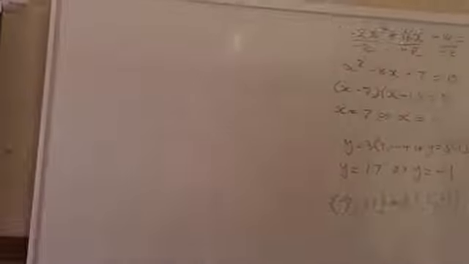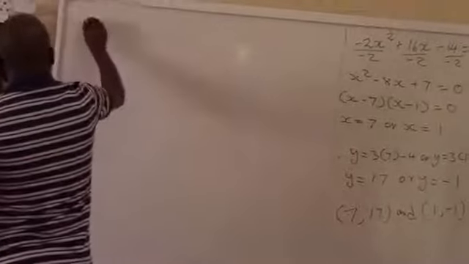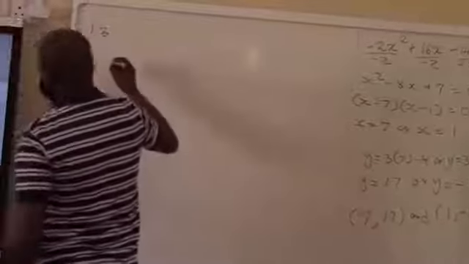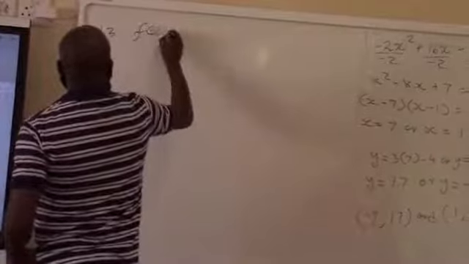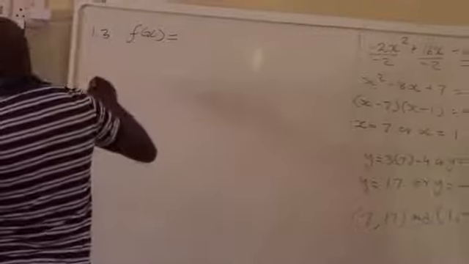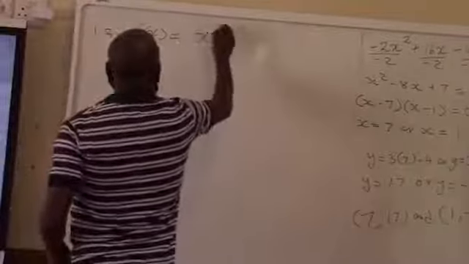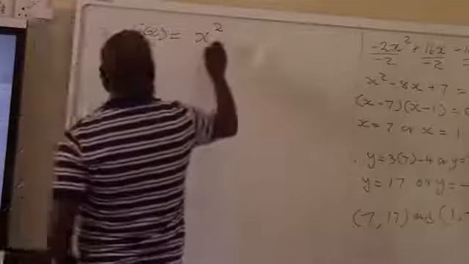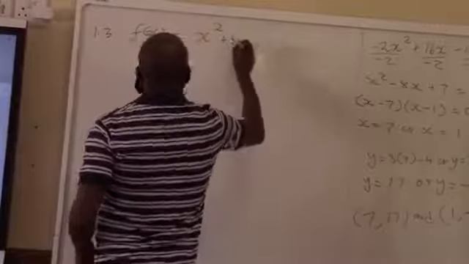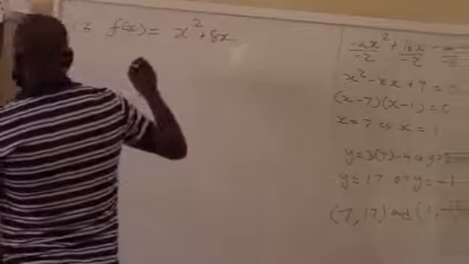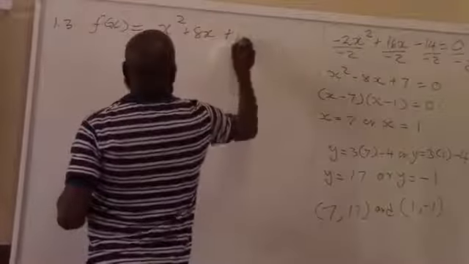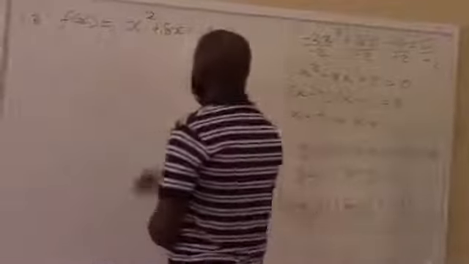They were like 1.3, the given equation, which was f of x is equal to x squared plus 8x plus 16. So that is what was given.